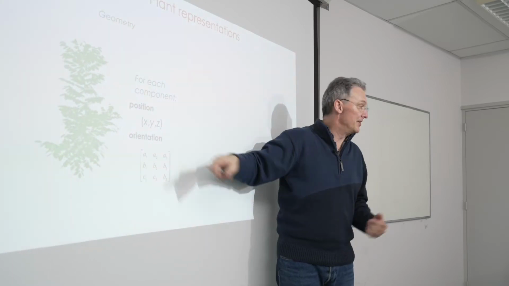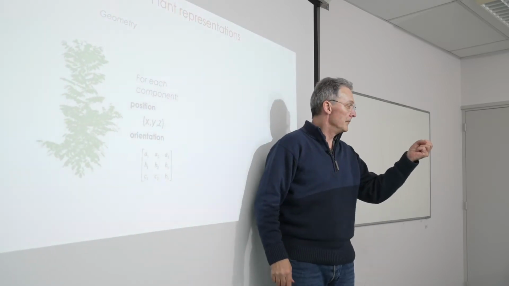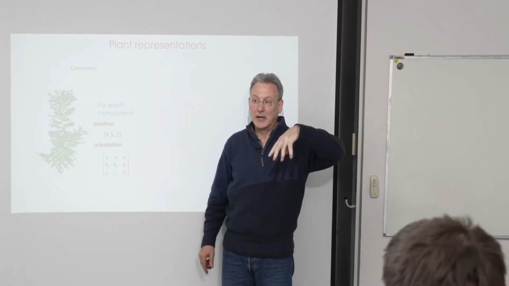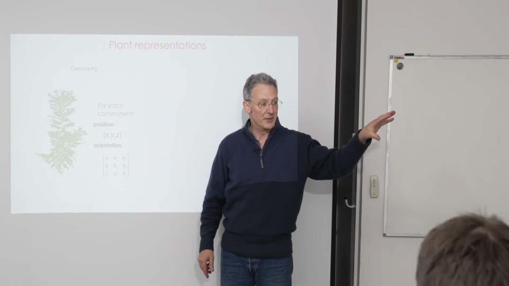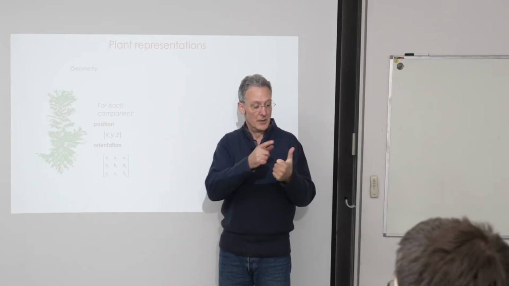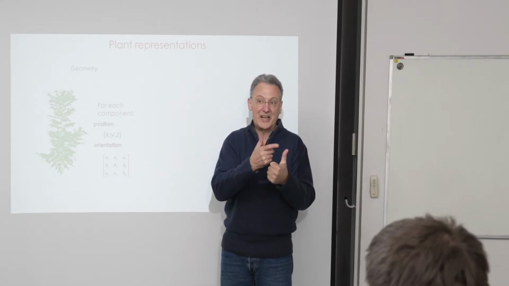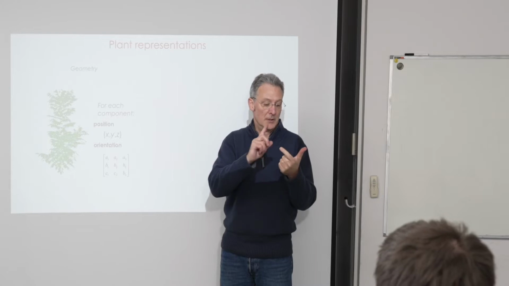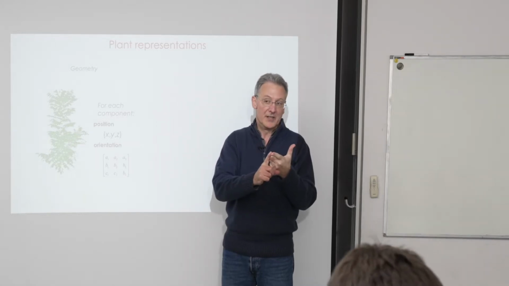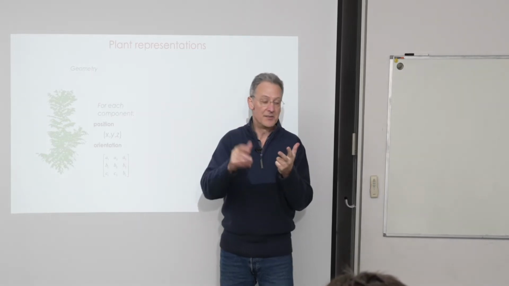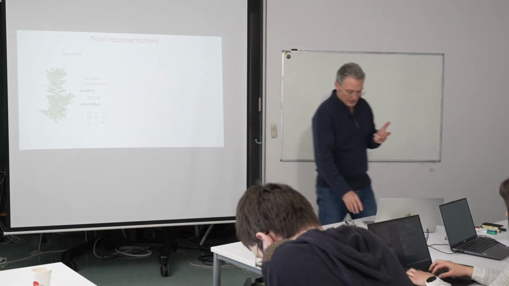I need to have the position of the component, and a matrix that will describe the orientation of the component in space. So that's it. The ID or the type of the component, leaf, fruit, stem, where it is, X, Y, Z, and in which orientation it is located in space.